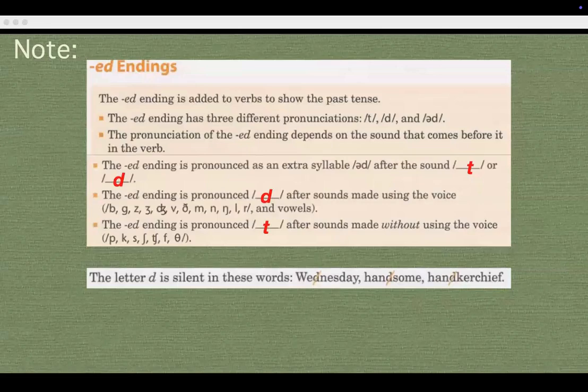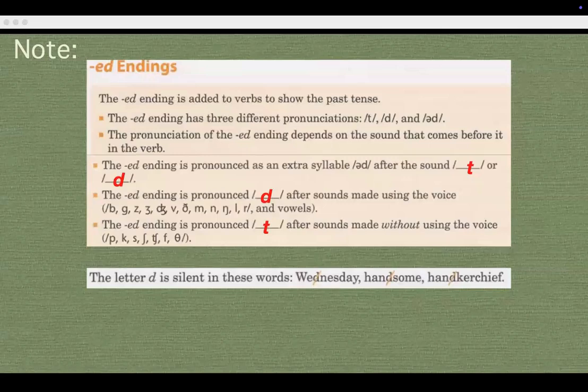And the ed ending is pronounced t after sounds made without using the voice, for example sh. So in conclusion, the ed ending has three different pronunciations, and it depends on the sound that comes before it in the verb.